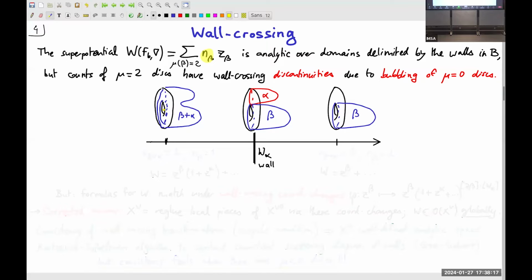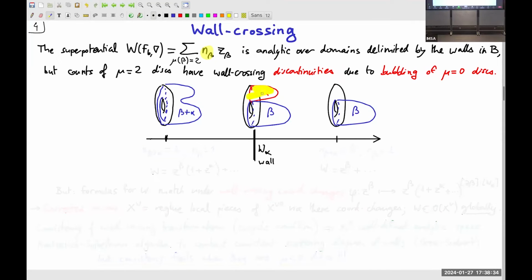So, picture of that, you might have a holomorphic disk in some class, we can call it beta plus alpha. And as I move in my Lagrangian fibration, at some point, there might be some class alpha of Maslov index 0 where a wall of disks in the class alpha exists.